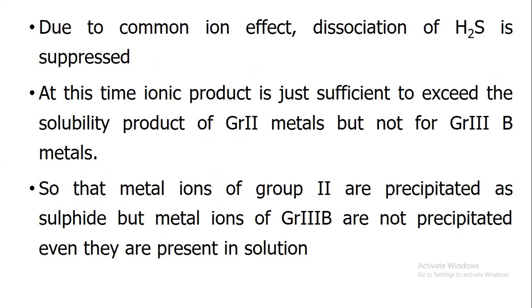At this time, the ionic product is just sufficient to exceed the solubility product of group second metals, but not of group third metals. So the metal ions of group second are precipitated as sulfides, but the metal ions of group third B are not precipitated, even though they are present in solution.